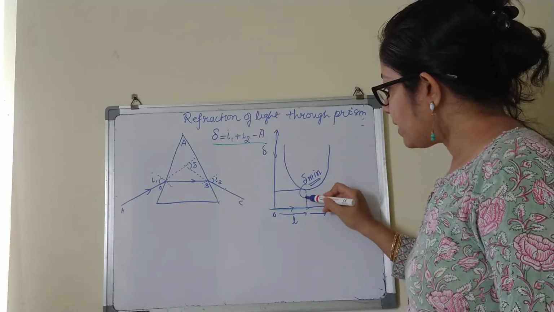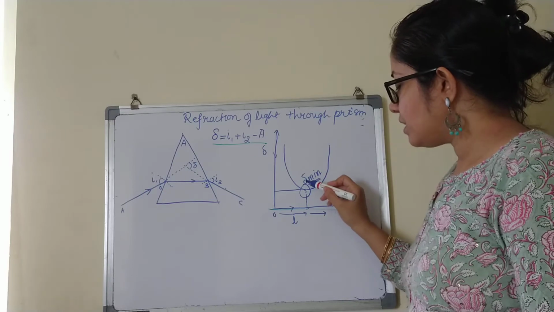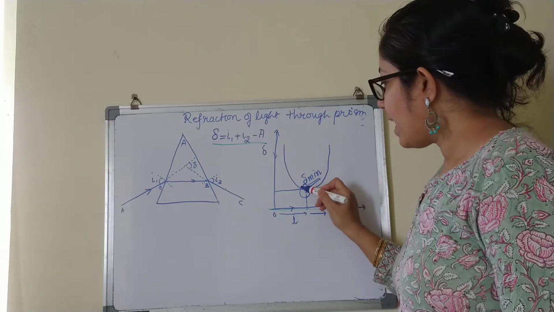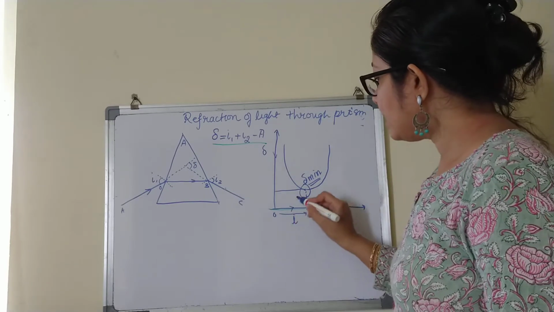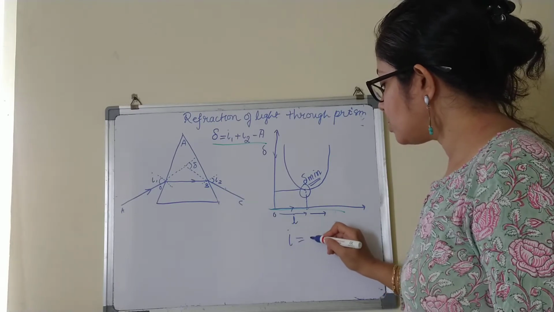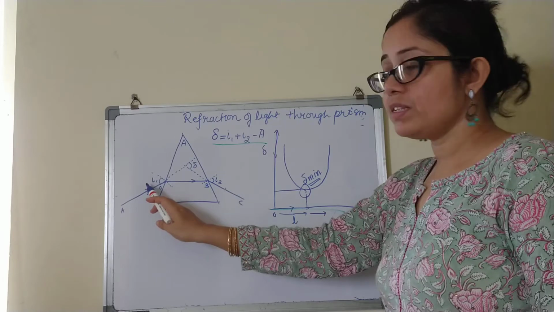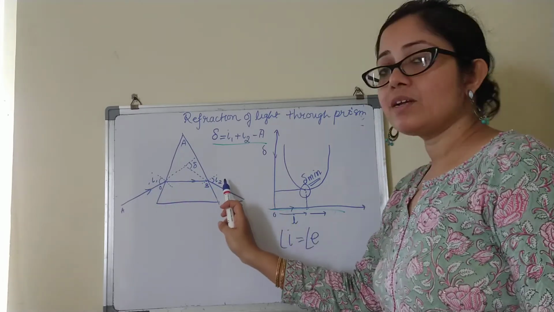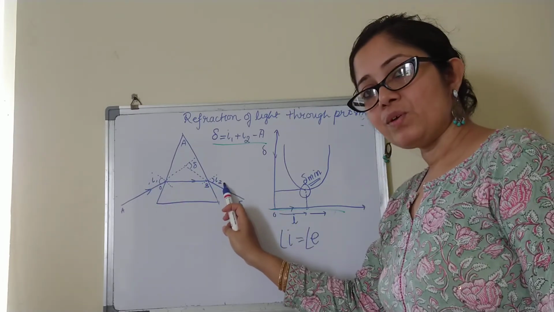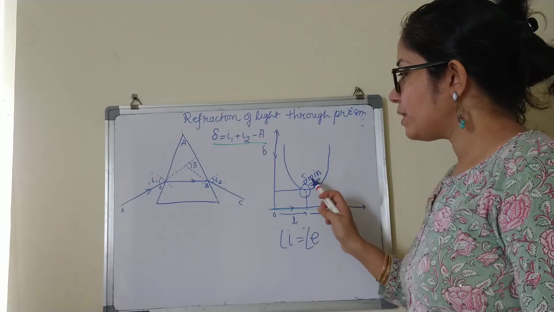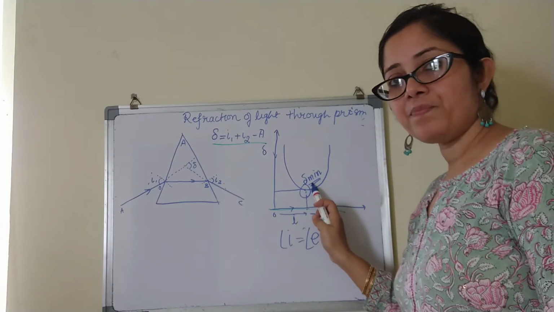At this point where the deviation is minimum, angle I is equal to angle E, or I can say the angle of incidence is equal to the angle of emergence. At which point? When the deviation is minimum, right?